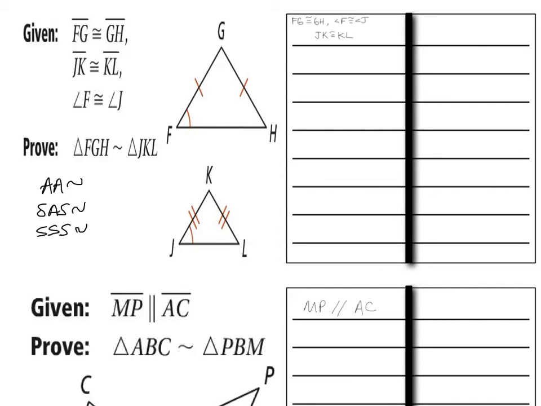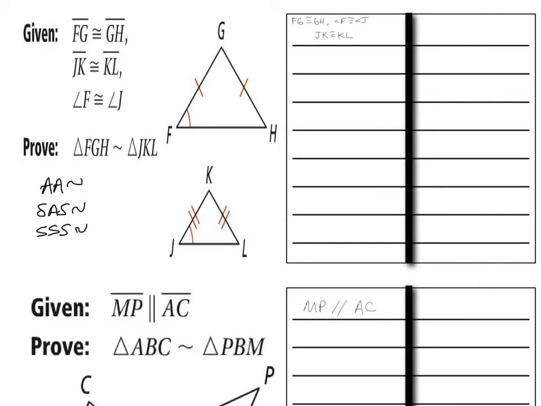Okay, so now we look at this proof. You'll notice as you look at the big triangle here that you have an isosceles triangle. In order to show it with side-angle-side, I have to show angle G is congruent to angle K. Well, there's no way to show that in this problem.